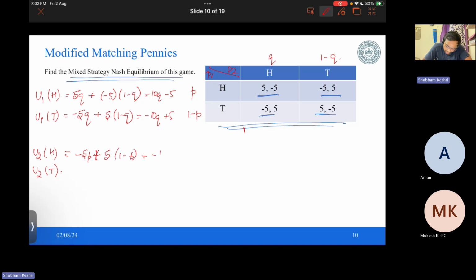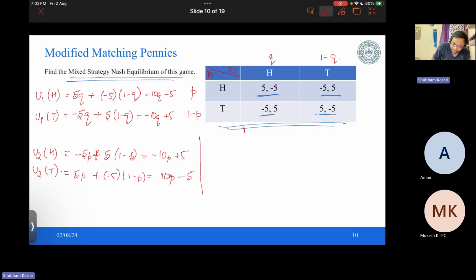So this is actually minus 10p plus 5, and this will be 5 times p plus minus 5 times 1 minus p, so this will become 10p minus 5. So you see, this is a symmetric game. If you solve one, you will obtain the other. That is why I have written all the utilities on one page only.